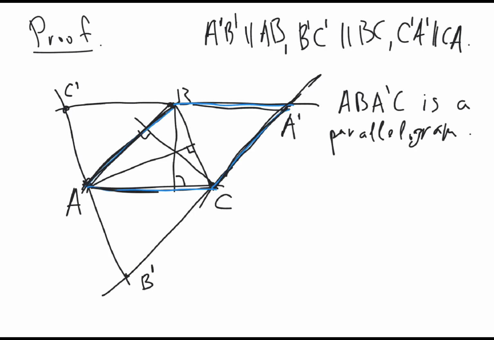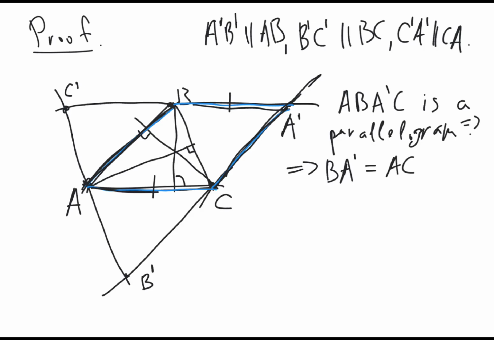Because it is a parallelogram, the opposite sides are equal to each other. So BA prime is equal to AC.